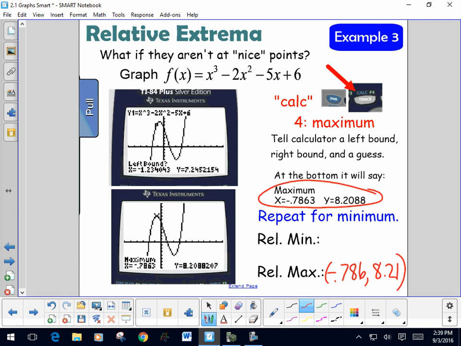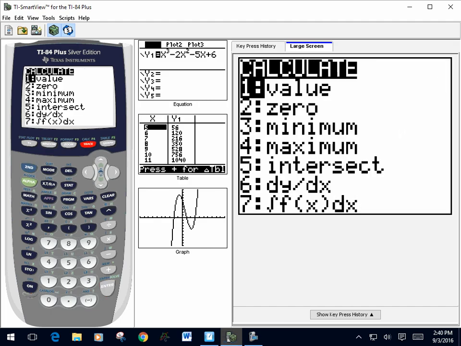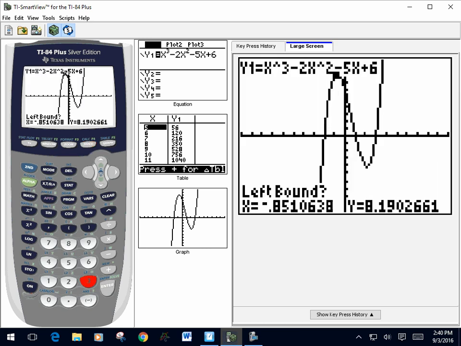You could repeat that for the relative min, so back to the calculator. I'm going to do second calculate again. This time, choice number 3, the minimum. And again, it's going to ask me for a left bound and a right bound. So I go a little to the left of that minimum. It doesn't matter exactly where you're at, just to the left of it. And then a little bit to the right.